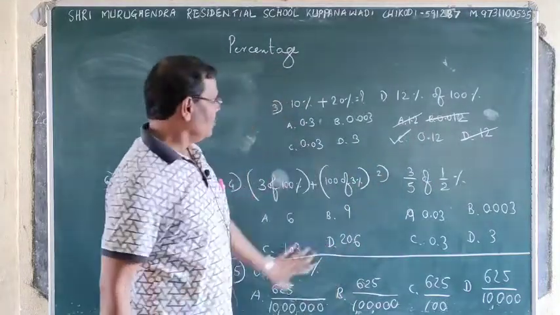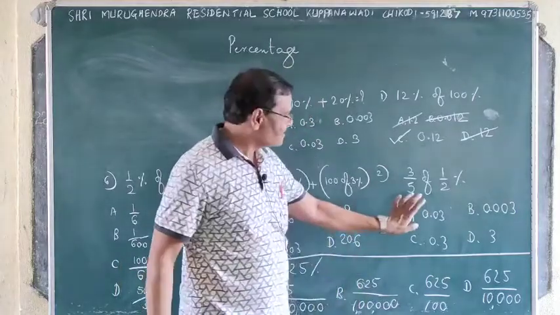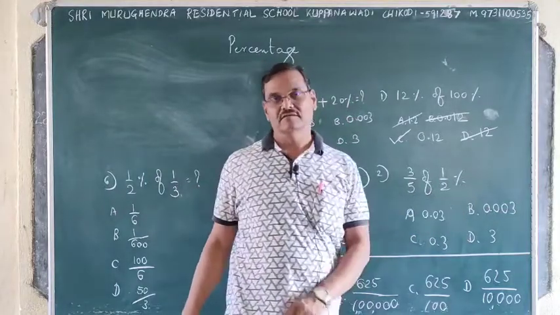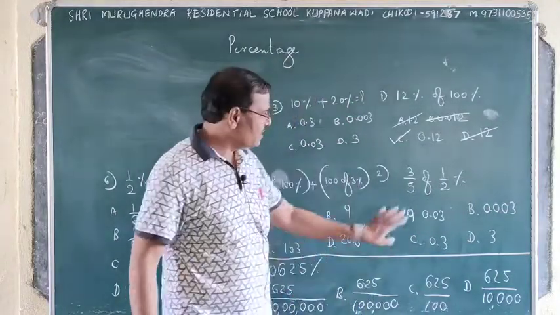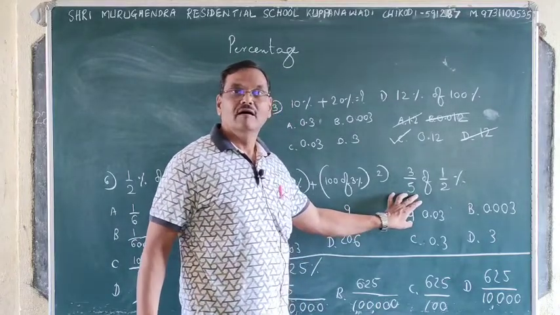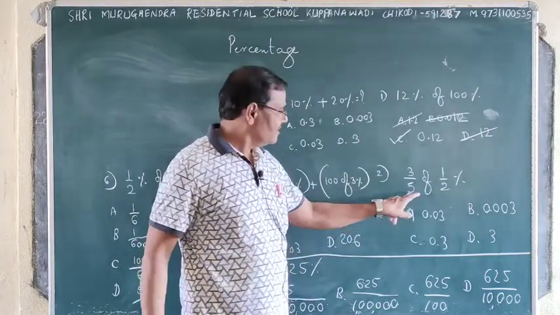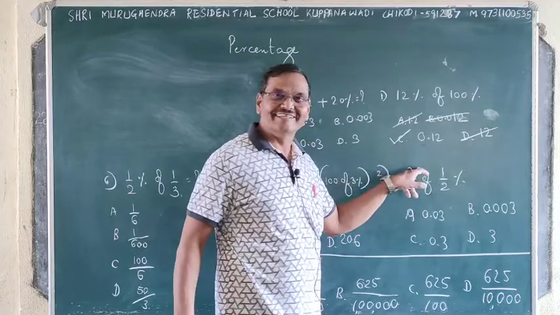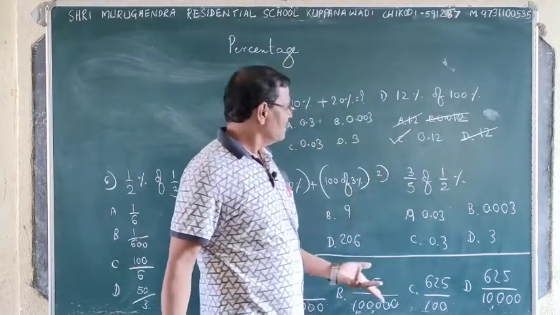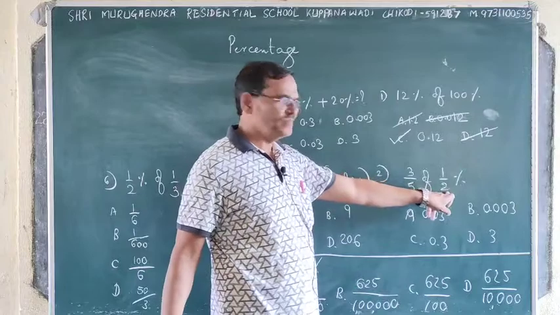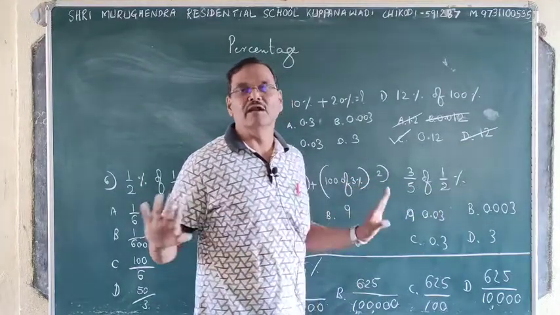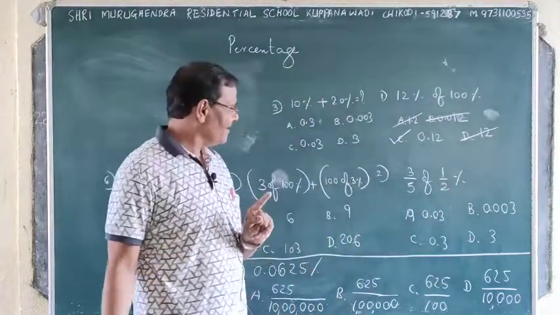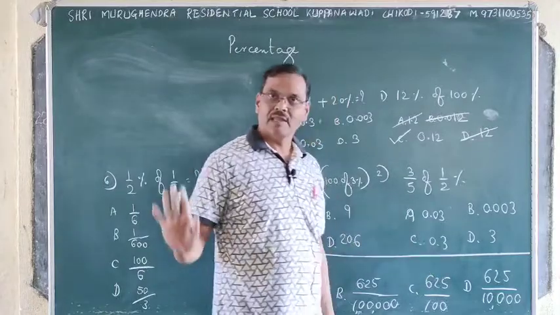Okay? Then here the answer is in decimal, whereas the question is in fraction. Then what to do? Here you have to make this into decimal. This means 5 2s are 10 and 3 2s are 6. And it is multiplied by 2. Then 3 will come. See, 3 came.